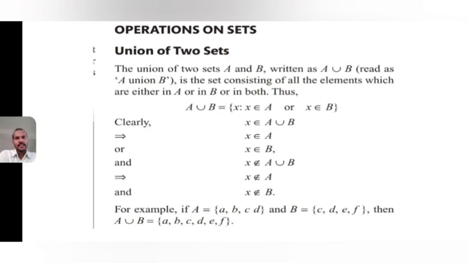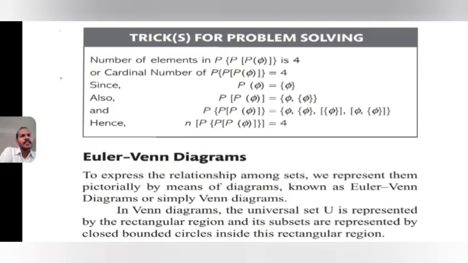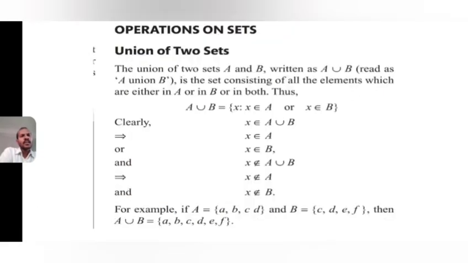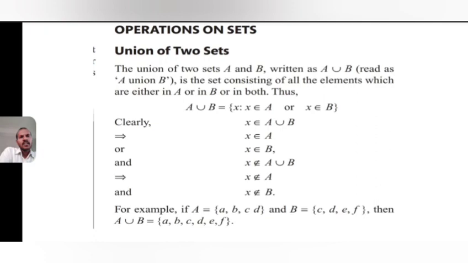Let us consider the first one, union of two sets. The union of two sets A and B is written as A union B, and it is read as A union B. It is a set consisting of all the elements which are either in A or in B or in both.